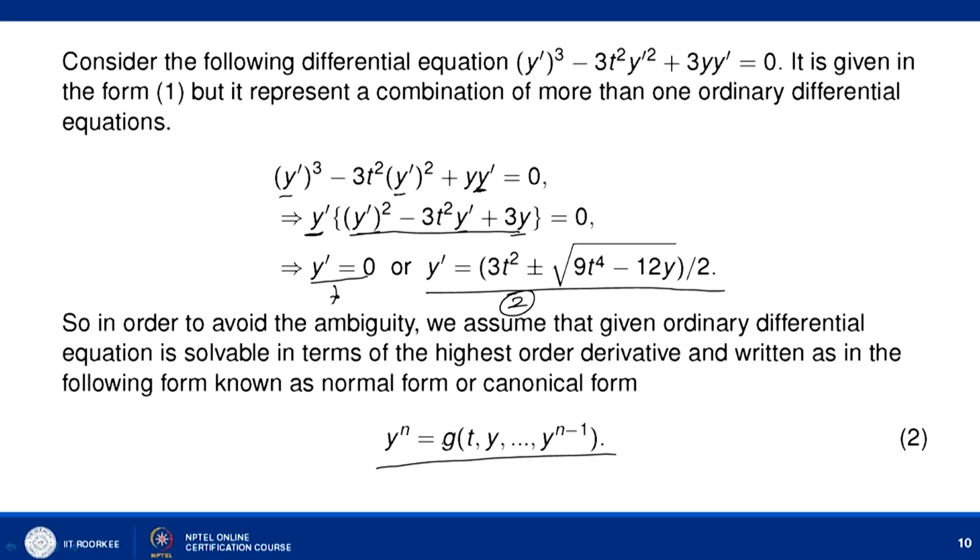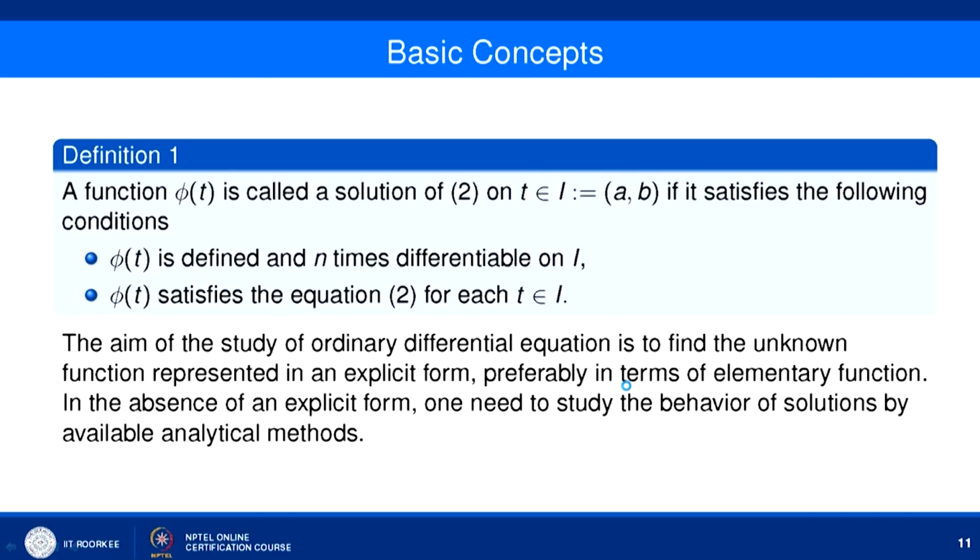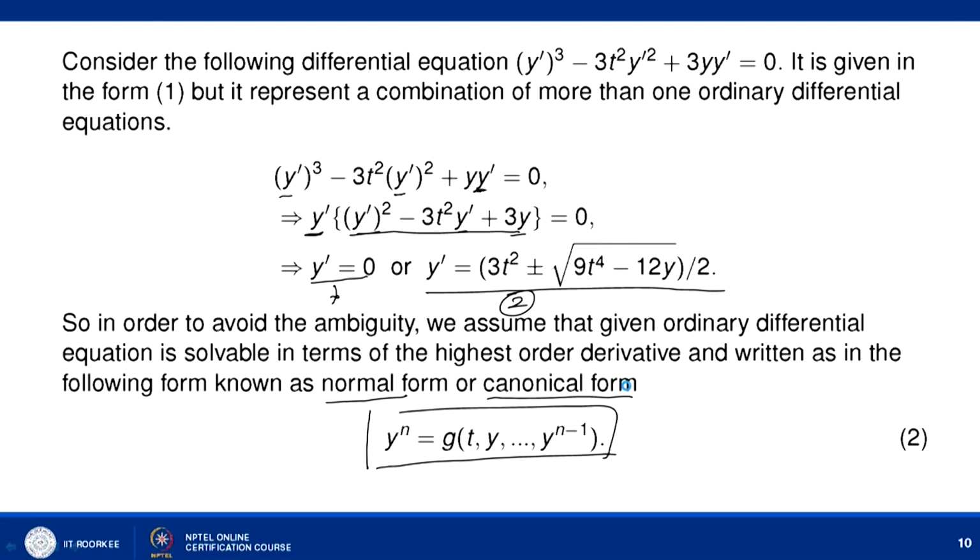Here g is some function given in terms of n+1 variables, that is t, y, y dash up to yn minus 1, and this form is known as the normal form or canonical form. So, from now onward, whenever we discuss, we assume that our differential equation is given in normal form or canonical form. Actually, this will avoid the possibility of multiple differential equations being considered at one time.